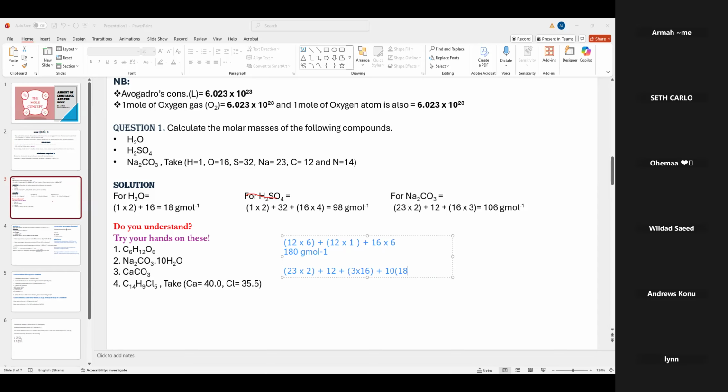Because if I tell you to find the molar mass of water, what will you get? The molar mass of water is 18 because it's 2 plus 16, 18, right? Yes. So this is what you will get: 23 times 2 plus 12 plus 3 times 16 plus 10 into bracket 18. Do we understand?